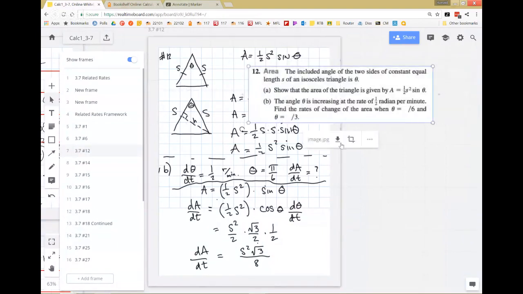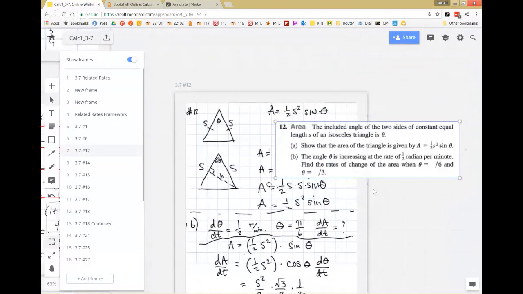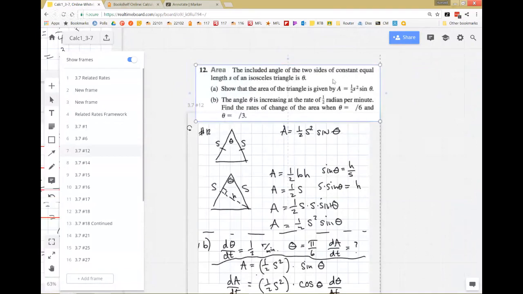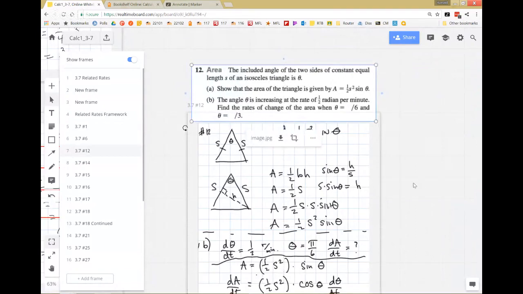So there's the problem. I guess I'll stick it on the top here. All right, so there's the problem.